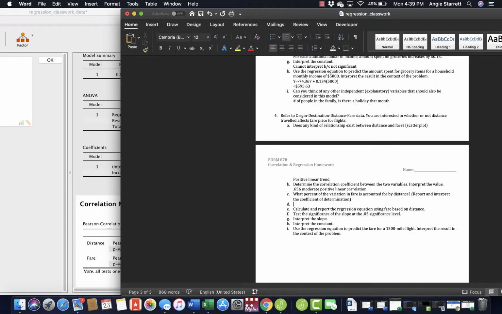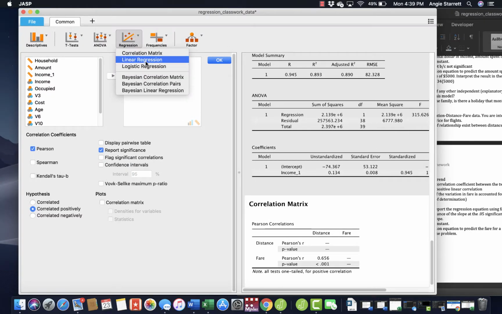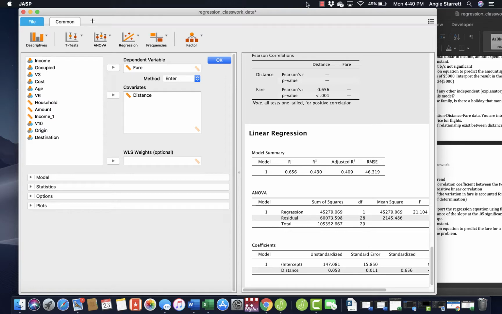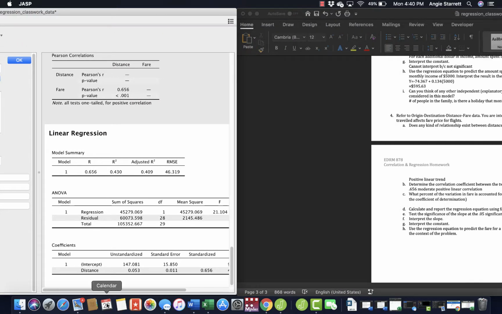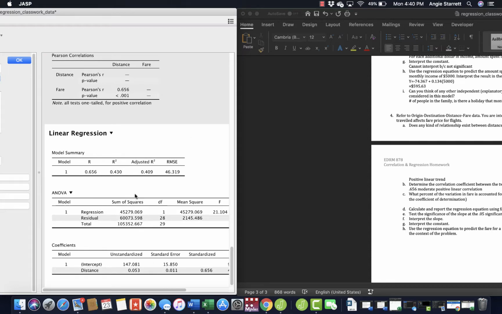All right, and now we need our regression to talk about the coefficient of determination. So we go into linear regression, and we want to know if the fare is explained by the distance traveled. Let's just check our coefficients. We see the coefficients and the intercept are significant, so we have something to interpret.